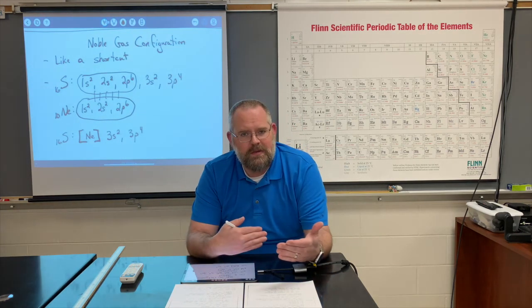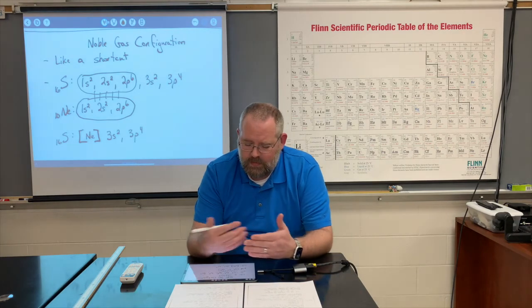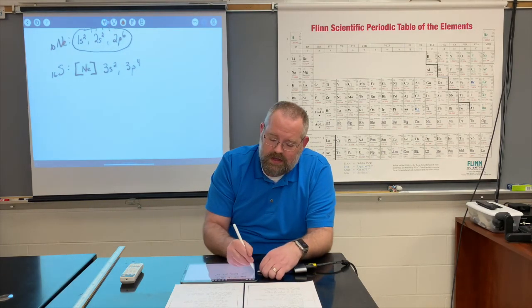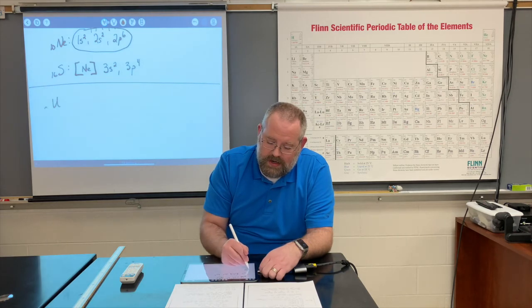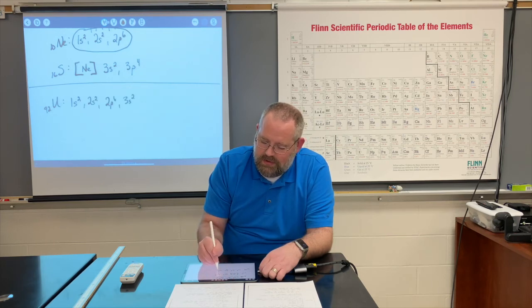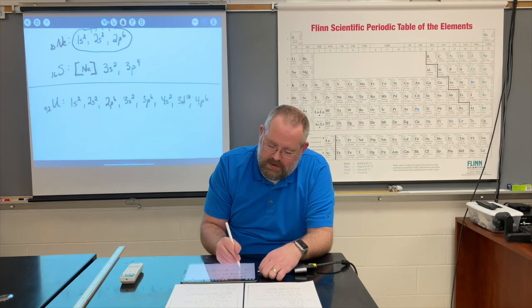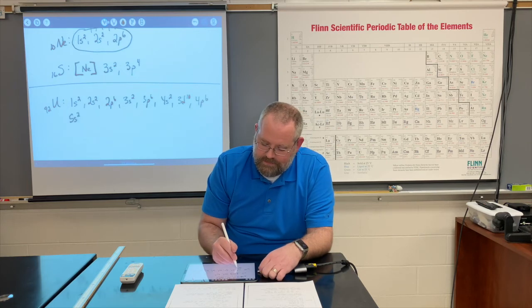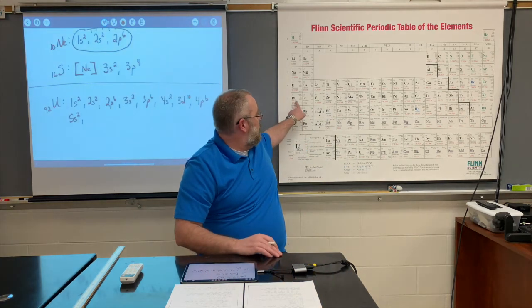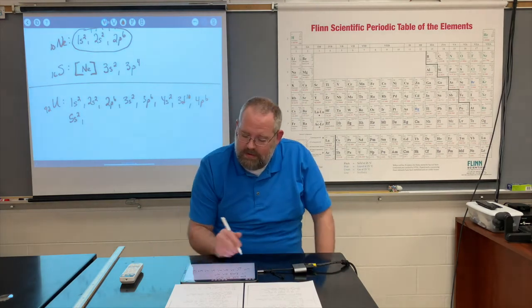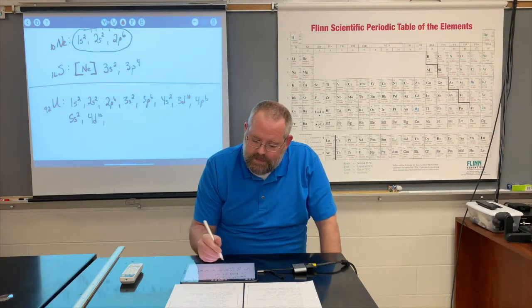And for the beginning elements, it's not that big of a shortcut. But when we look at something, say, like uranium, which is a 92, so 1s2, 2s2, 2p6, 3s2, 3p6, 4s2, 3d10, 4p6, 5s2, 4d10, 5p6, 6s2.